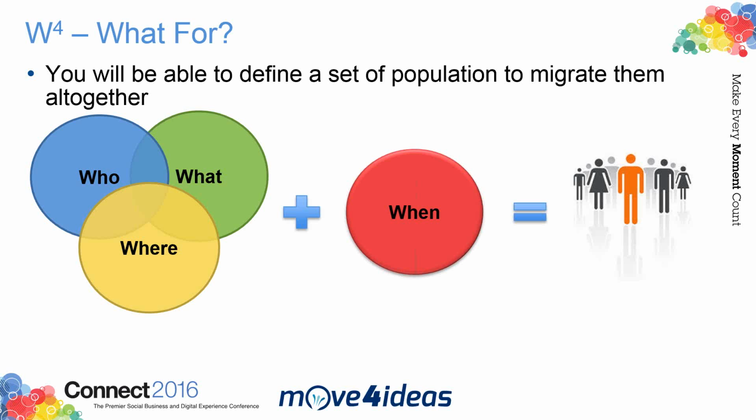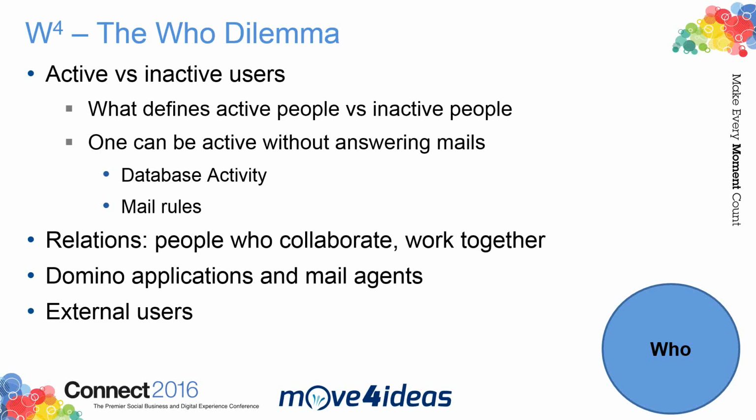It's better to migrate a kind of population because they will be able to work together and they will enjoy the new platform. So the problem as an IT department is simple. You should determine who is active and who is inactive. So what defines active people versus inactive people?